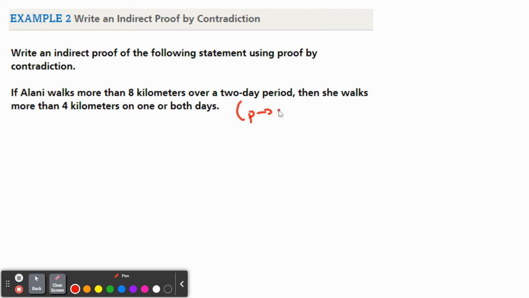So we need to negate the Q. So we need to assume Alani does not walk more than 4 kilometers on either day.